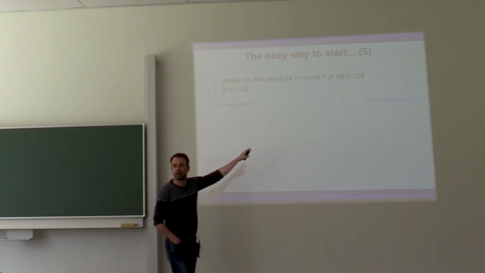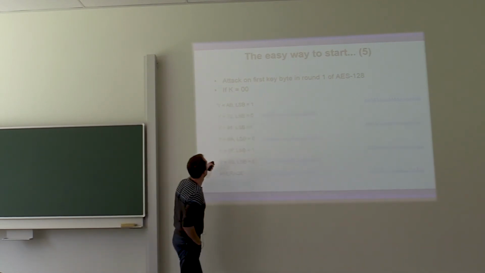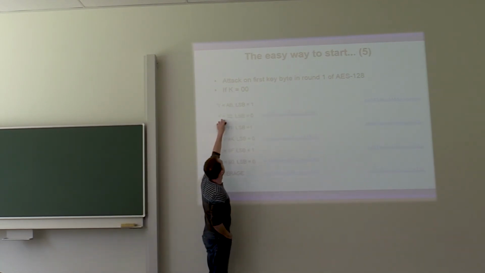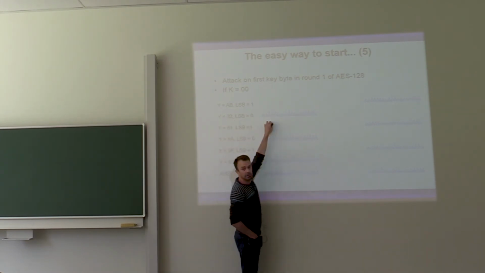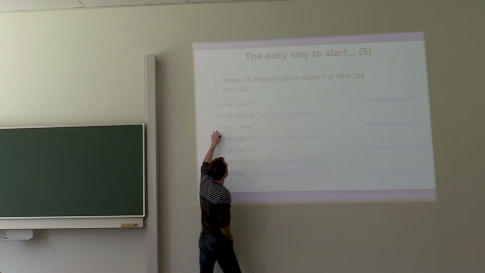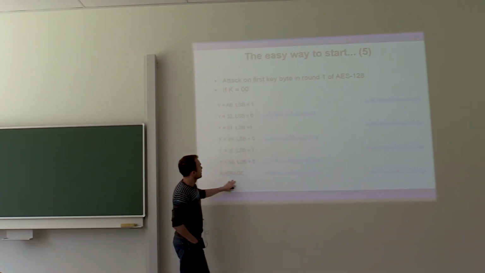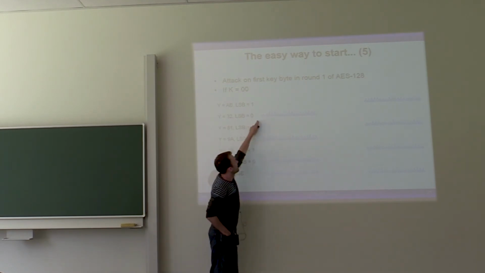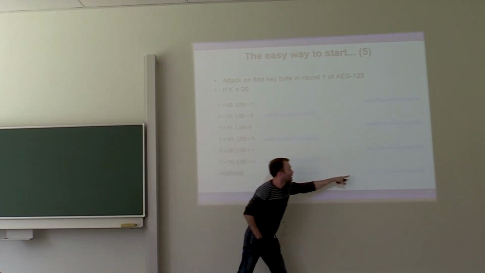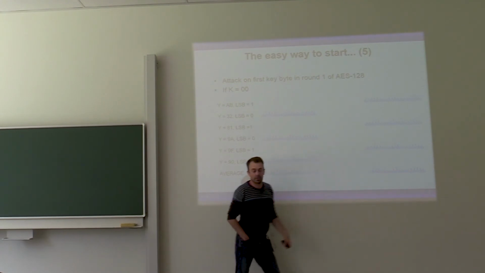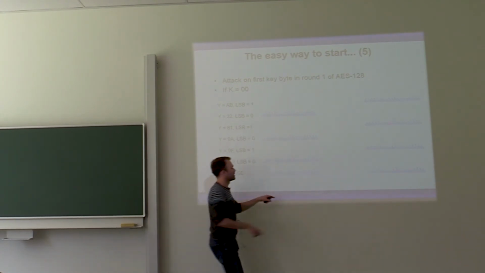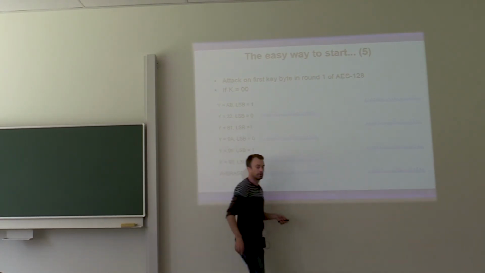For the next plaintext, we determine the S-box output would be this value, the LSB is 0, so it stays here. The next one has a 1, goes there, and so on, for all of them. Then we compute the average. This is the average of all the measurements on this side, and that's the average of all the measurements on that side. And then we subtract these two.